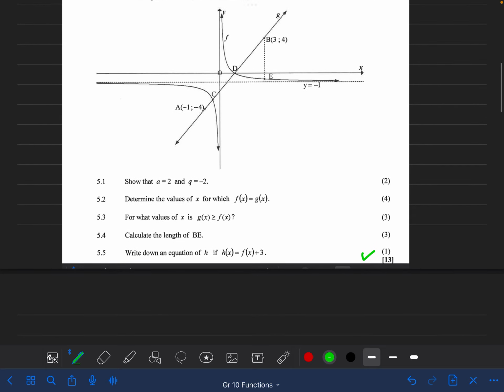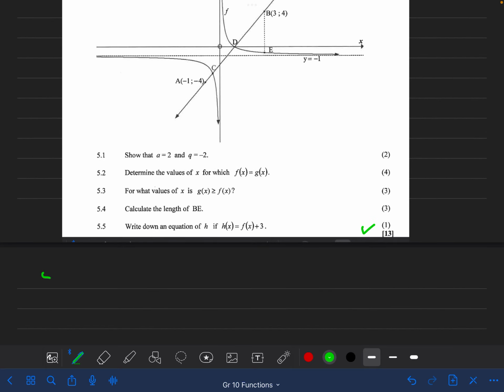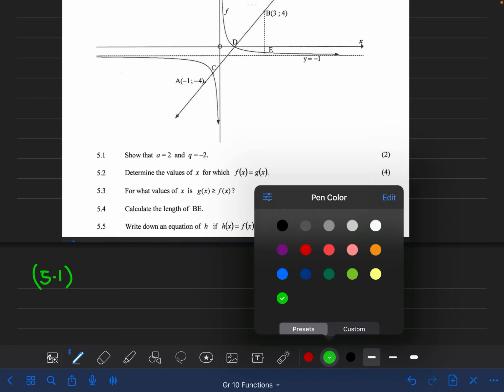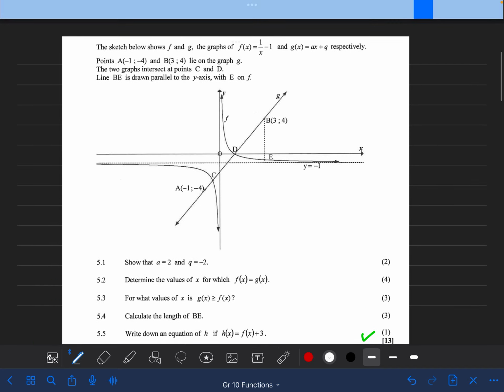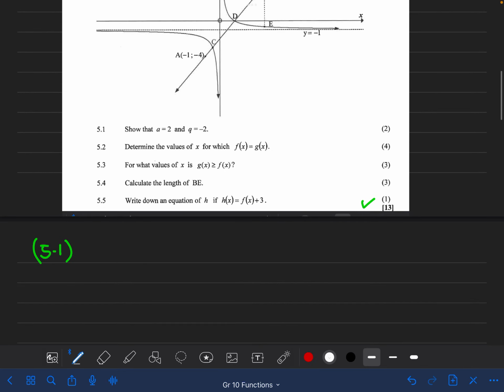Okay, fine. So let's look, guys, at 5.1. Show that a is 2 and q is negative 2. Where is that coming from? It is coming from g of x, right? So g of x, which is a straight line graph, is ax plus q.